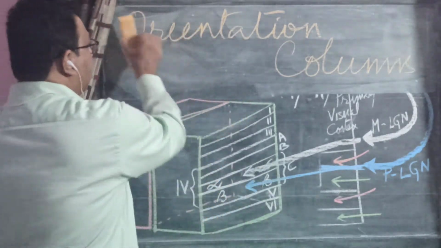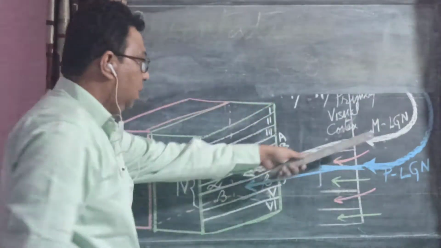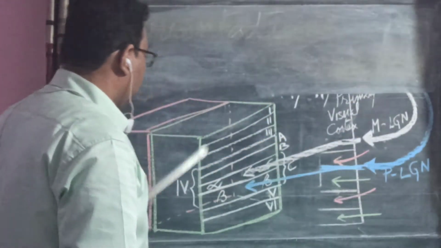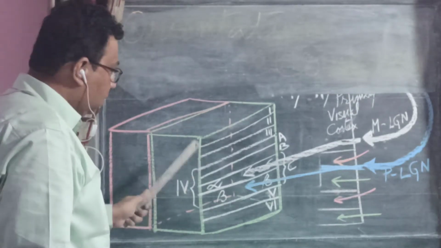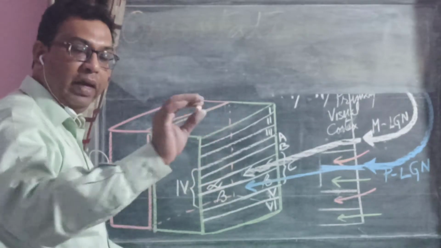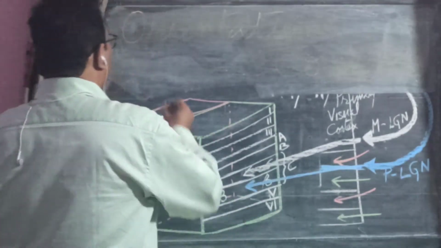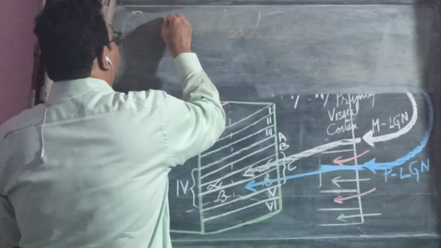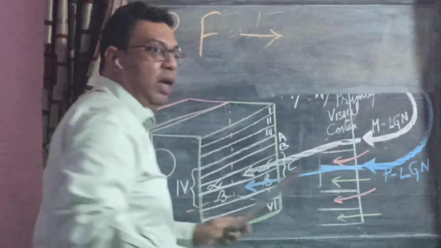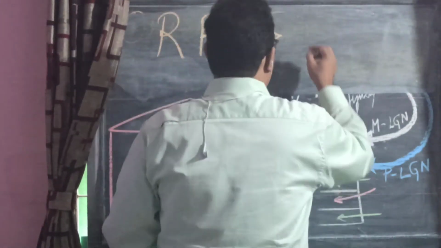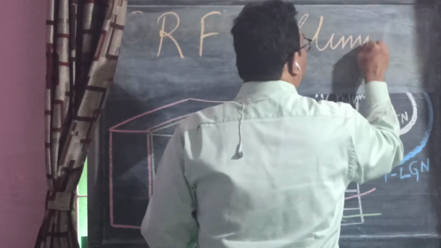It has been seen that the magnocellular pathway, which gives its contribution to various cells of the visual cortex, has receptive fields which are stimulated by a specific orientation.